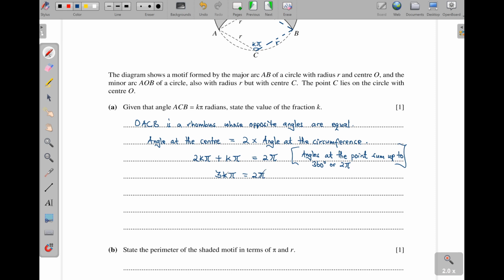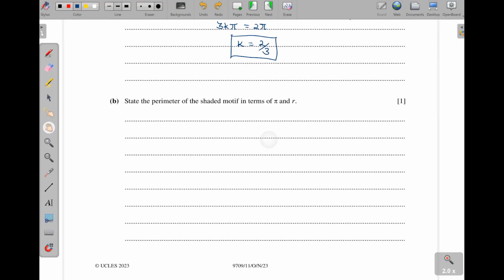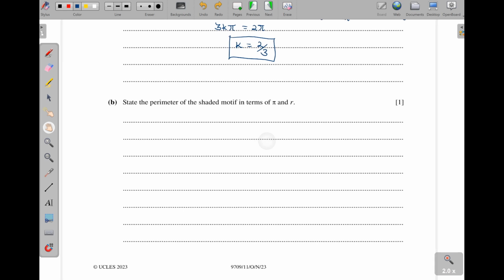Pi will go. Okay? Then that means K is going to be 2 over 3. So K becomes 2 out of 3. As simple as that. And they said it is a fraction. Then next, state the perimeter of the shaded motif in terms of pi and r.